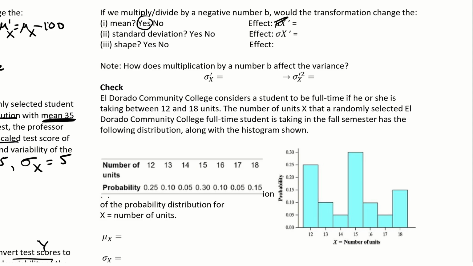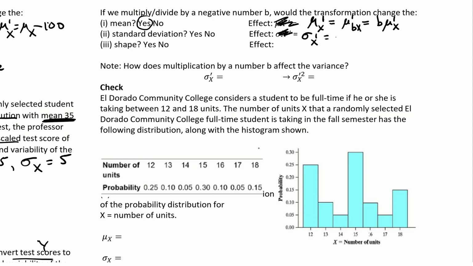We know that mu of bX is equal to b times mu of X, where we multiply by b. So whatever b is, it's going to make it multiply by b. So if b is negative, you're going to have a negative number, okay?